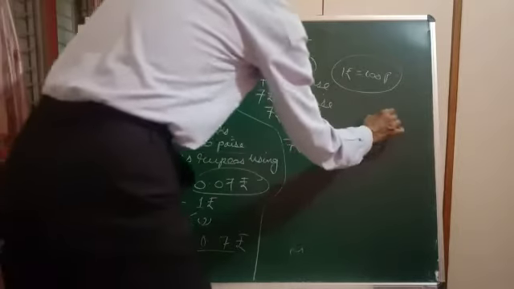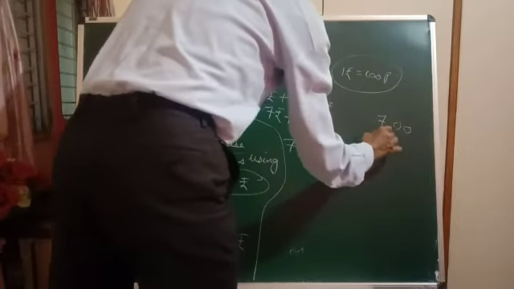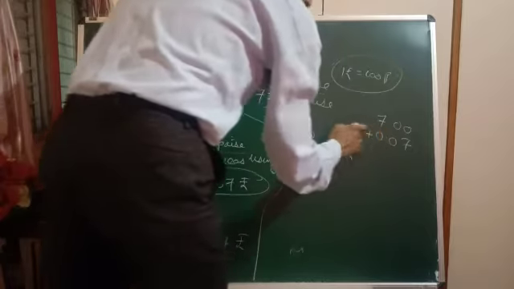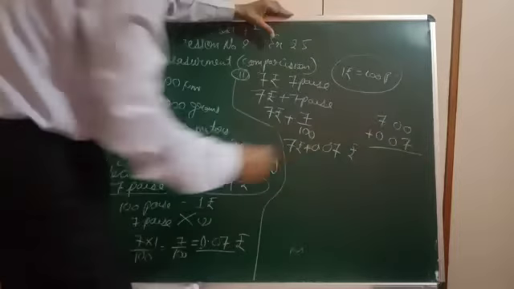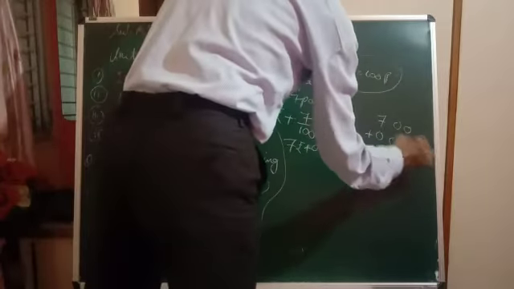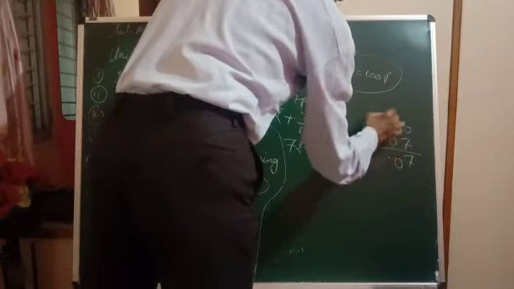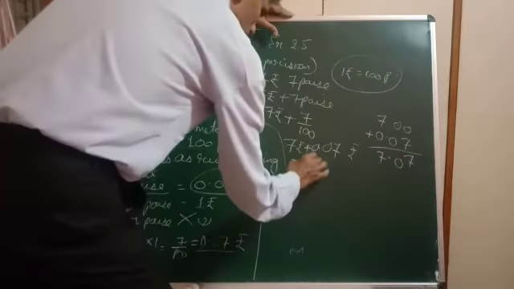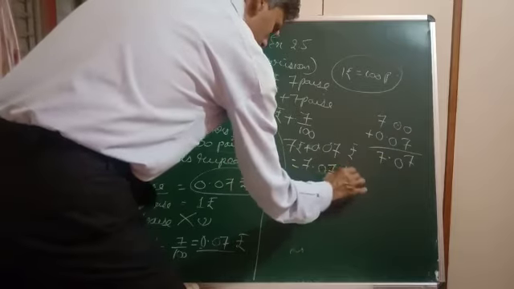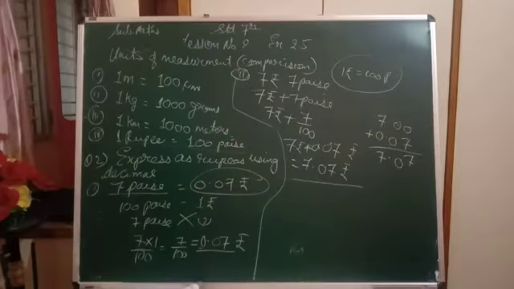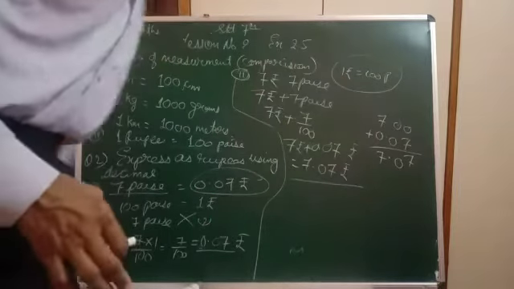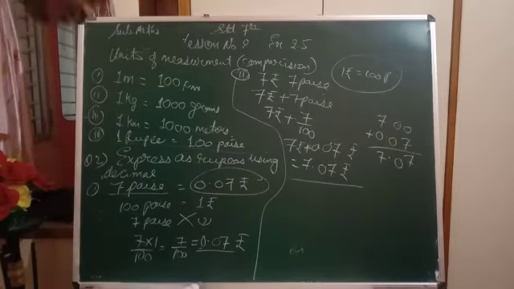So we can write 7.00 plus 0.07. This is the method of adding: 0 plus 7 means 7, 0 plus 0 is 0, decimal point, 7 plus 0 means 7. So it is equal to 7.07 rupees. Okay, this way you can convert. This method you have to show in your book.